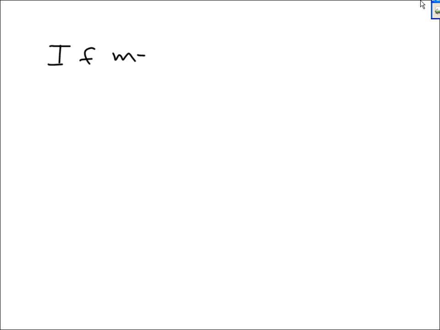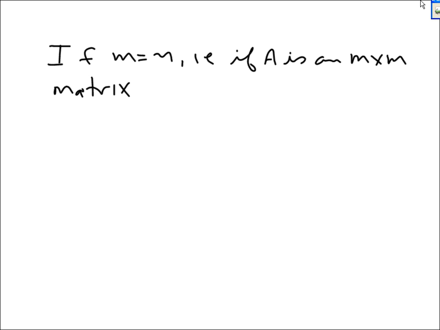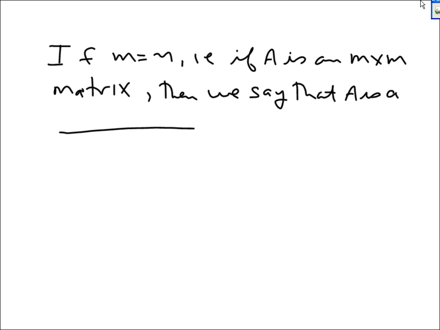If M equals N, that is, if A is an M by M matrix, of course I could have said N by N, or Q by Q. If A is an n by n matrix, then we say that A is a square matrix.